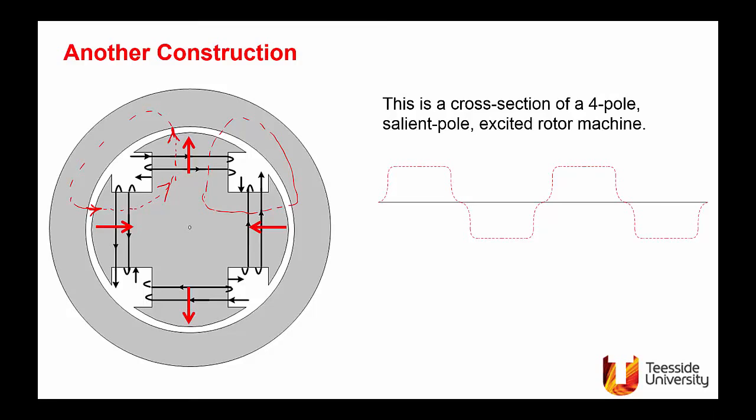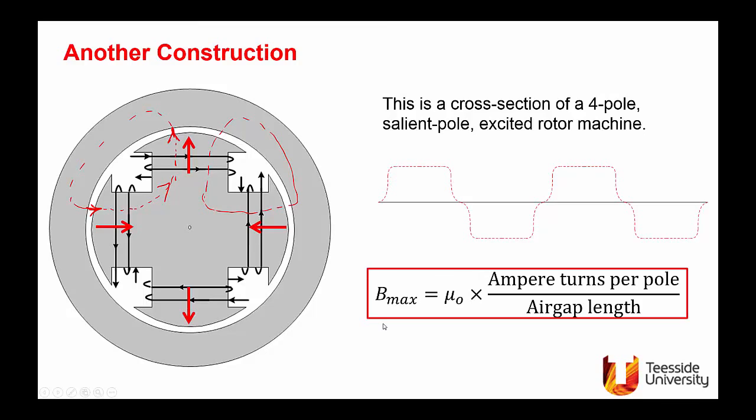If you follow the air gap, you will find the distribution is as shown, and again the maximum value of the flux density is mu naught ampere turns per pole divided by the air gap length.